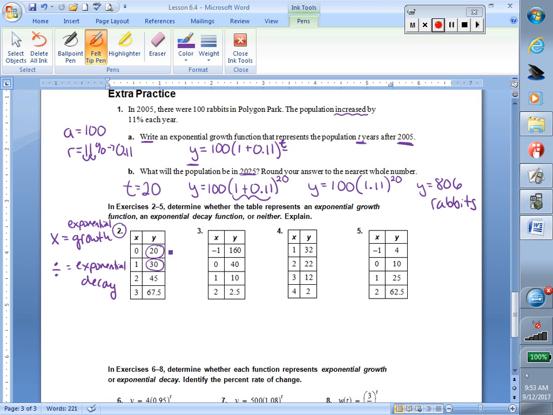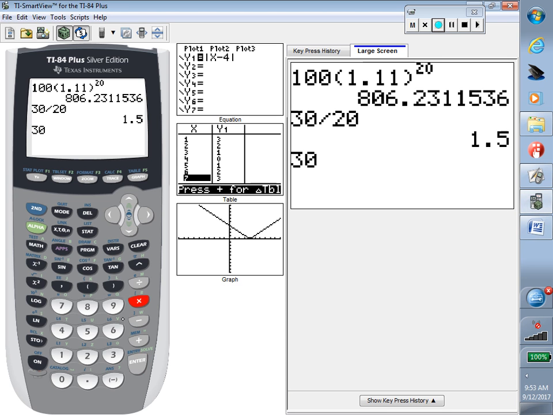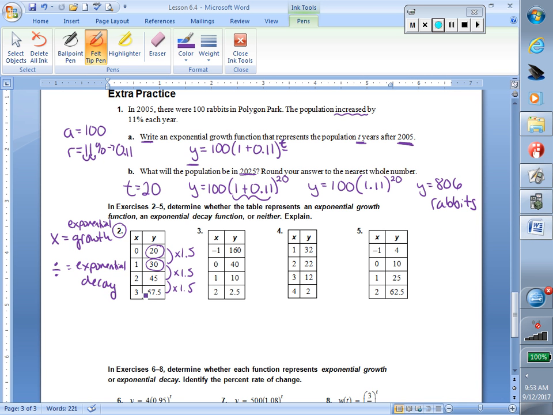So let's see if our pattern is multiplying by 1.5. Let's take 30 times 1.5, and we get 45. So our pattern is multiplying by 1.5. Pattern's multiplying, so we know we have an exponential function. And since it's multiplying, it means we have growth, that we are increasing.